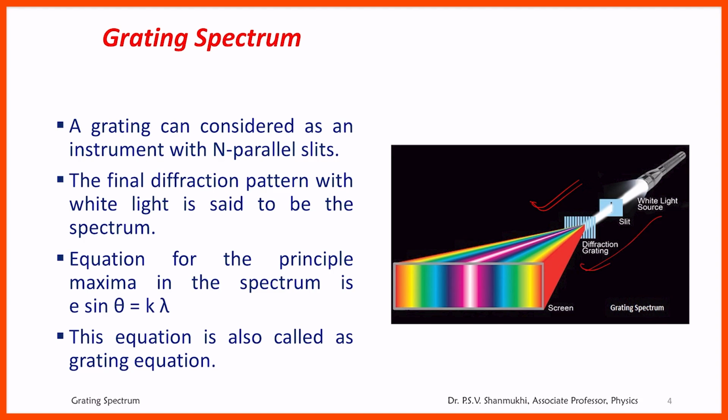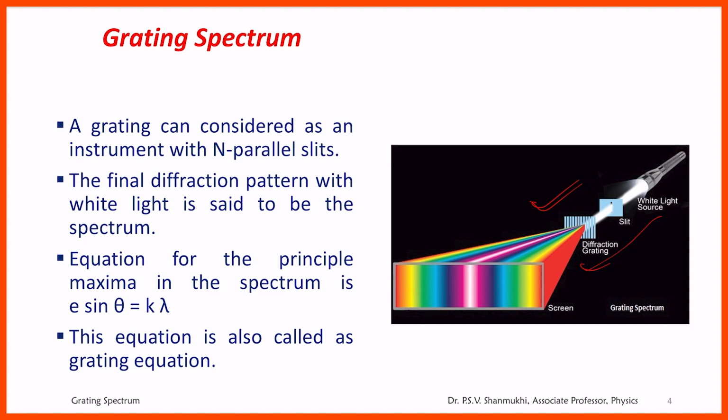A diffraction grating can be considered as n parallel rectangular slits. There is Fraunhofer diffraction due to a single slit, a double slit, and the n slits case also. This is called n slit diffraction in case of Fraunhofer.